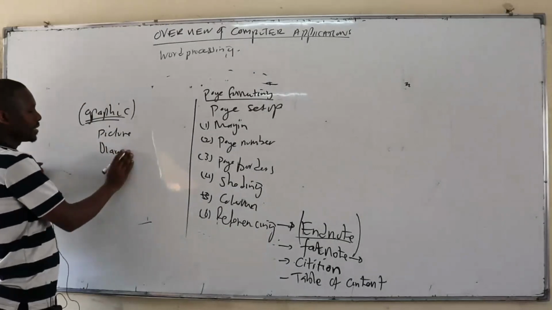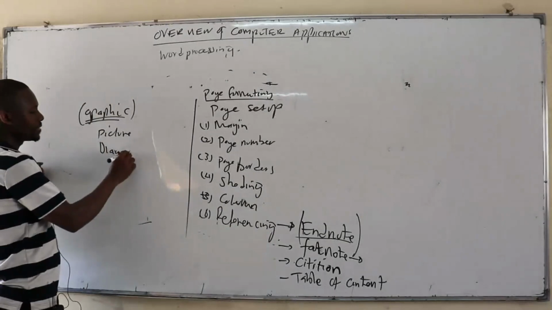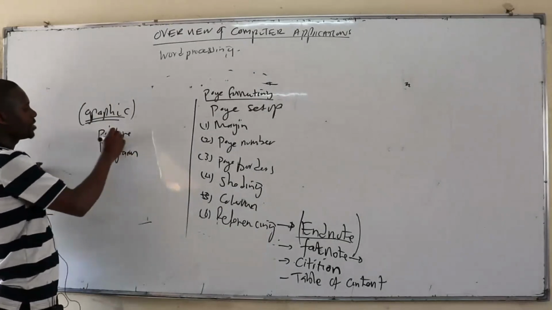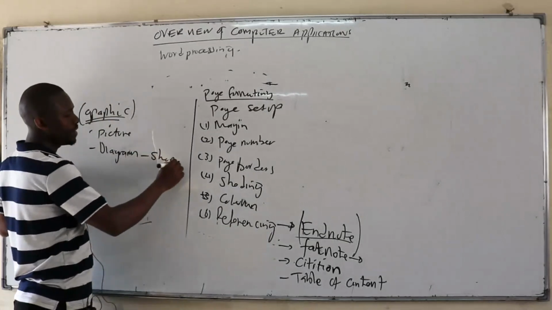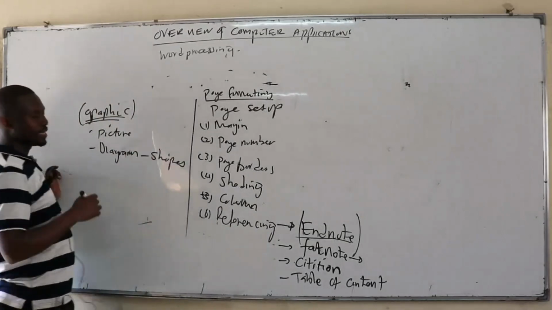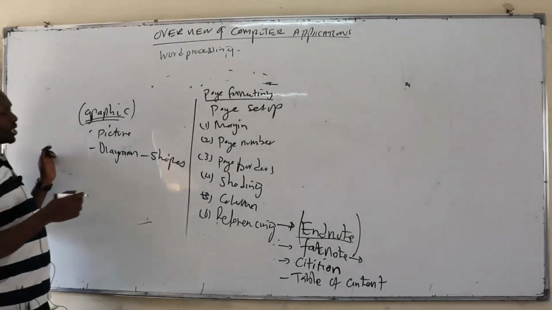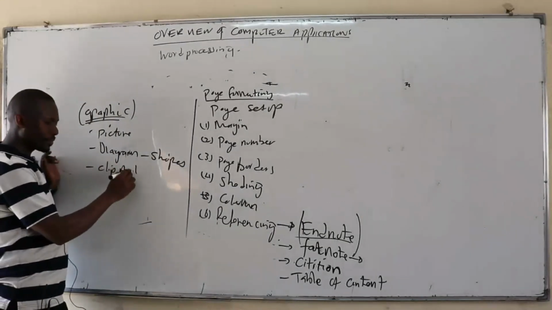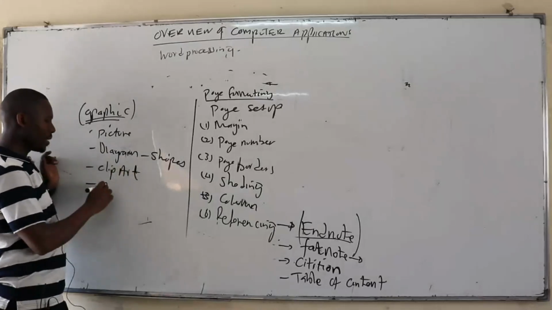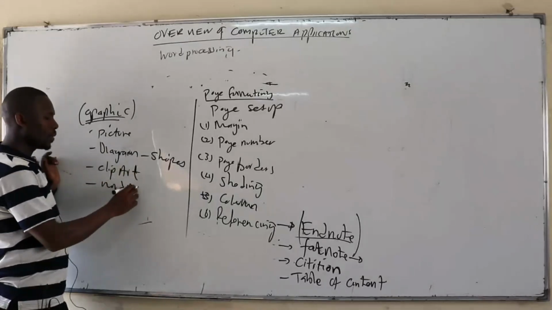Diagrams are drawn with pictures. So for diagrams we talk of shapes. We have different shapes. There are clip arts. We have word arts.